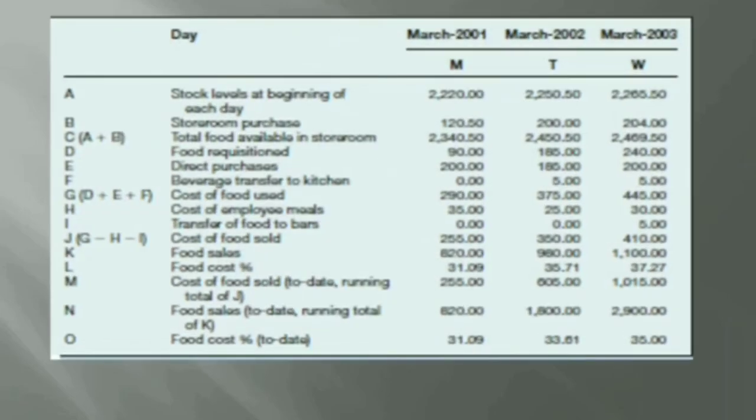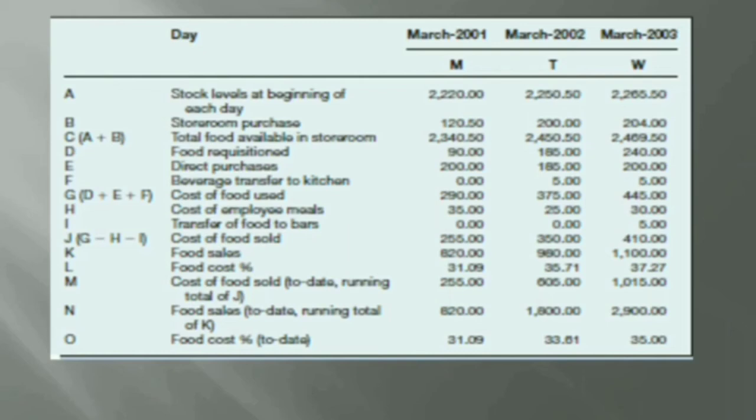The format of the detailed daily food cost report includes stock levels at the beginning of each day, storeroom purchases, total food available in storeroom, food requisitioned, direct purchases, beverages transferred to kitchen, cost of the food used, cost of the employee meal, transfer of food to bar, cost of the food sold, food sales, food cost percentage, and cost of the food sold, food sales and food cost percentage to date.